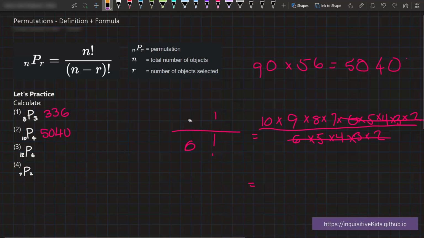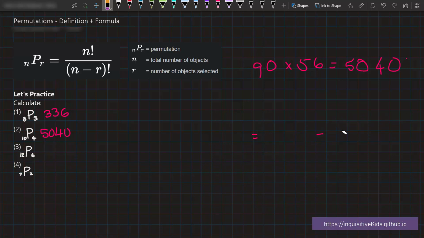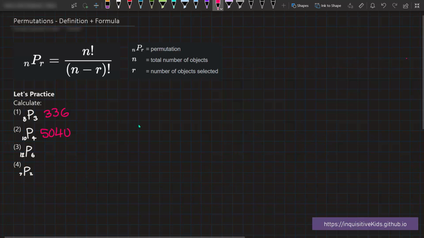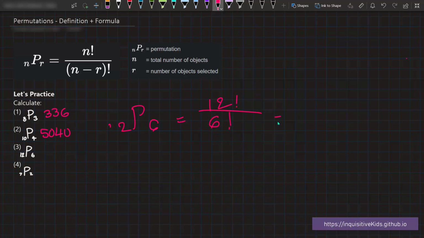Okay, now let's look at another example. So this next example is P126. Here we have P126. On the top we have 12 factorial, and on the bottom we have 12 minus 6 factorial, which is 6 factorial.